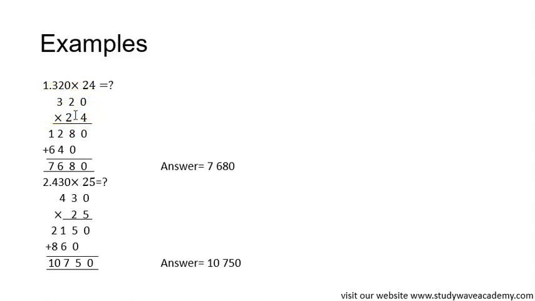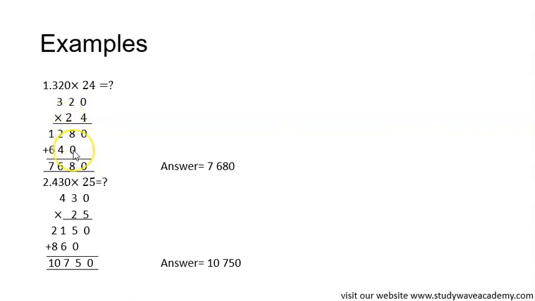Good. 2 times 0 is 0. Now when using 2 to multiply, you make sure that the first number, which is 0, you write it under 2. Your answer should be under 2. It shouldn't be under 4 because you're done using 4 to multiply. When you're using the next digit to multiply, the answer should be under that digit.